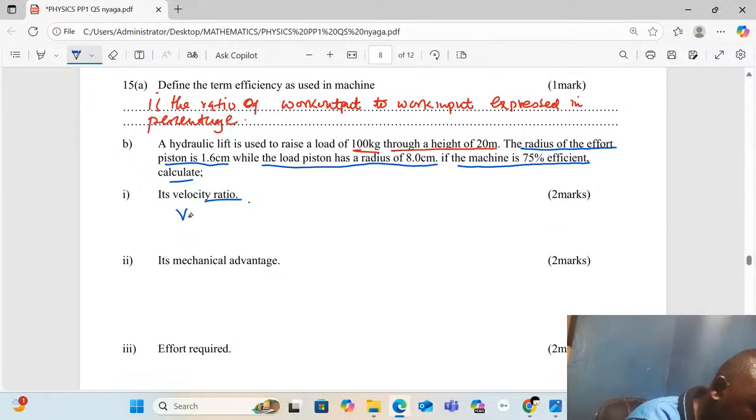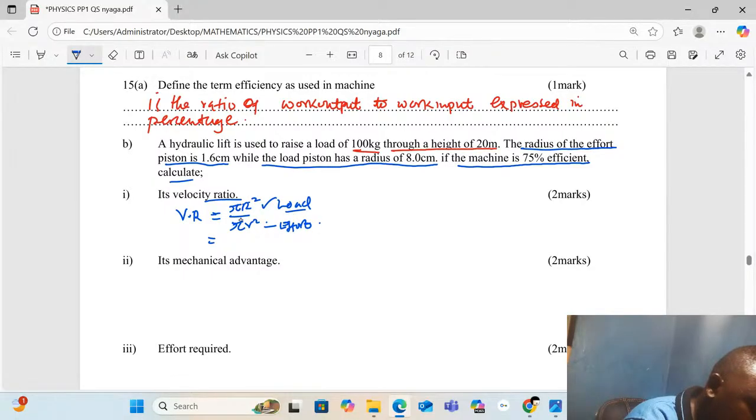Velocity ratio for this part is given by the cross-sectional area of the load piston, the larger one, over the cross-sectional area of the effort piston. The cross-sectional areas are pi r squared over pi r squared, this for the load piston and this for the effort piston.